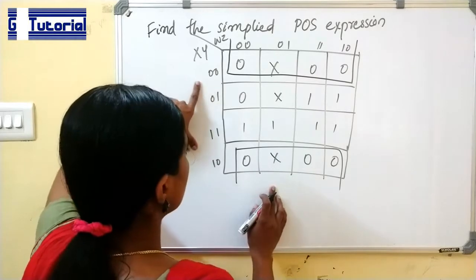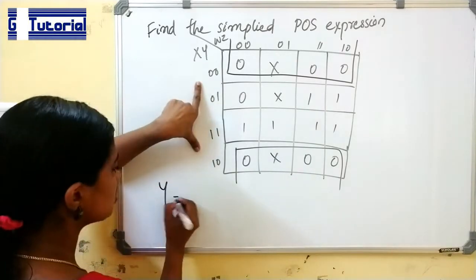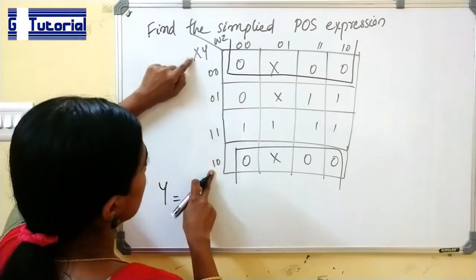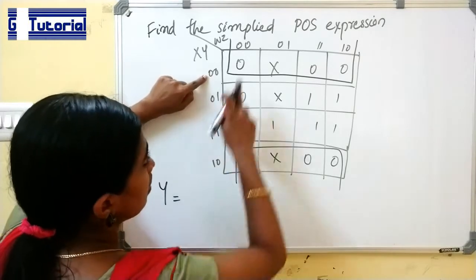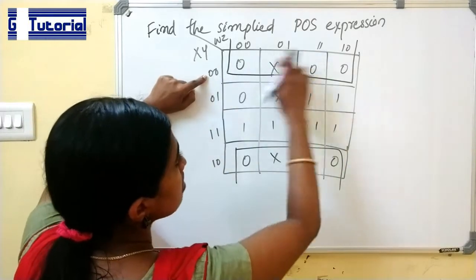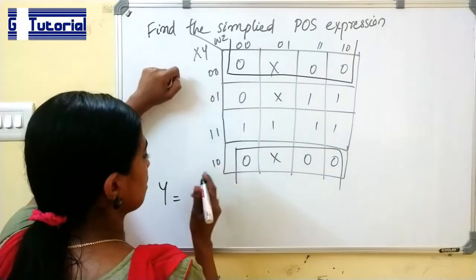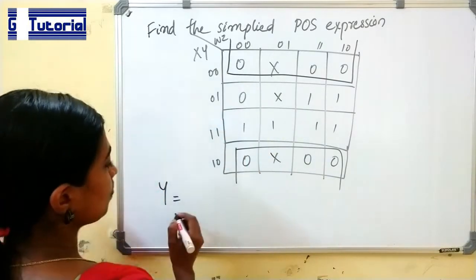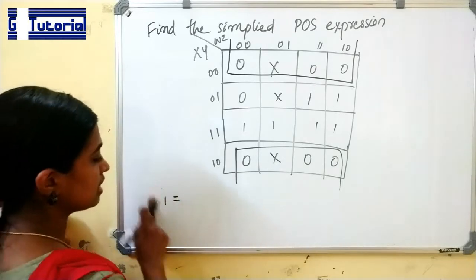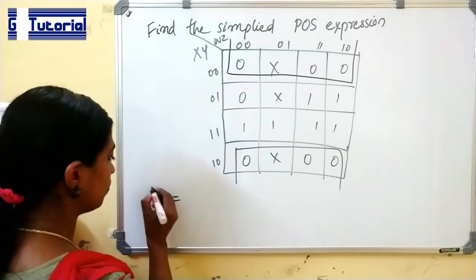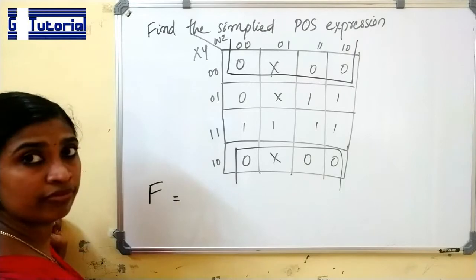So the simplified expression for that is, here x is changing 0 to 1, and in these 4 cells all the variables are changing. So only the value of y is not changing. Y is equal to 0. Let us take some other variable to represent the output function. Let it be f.